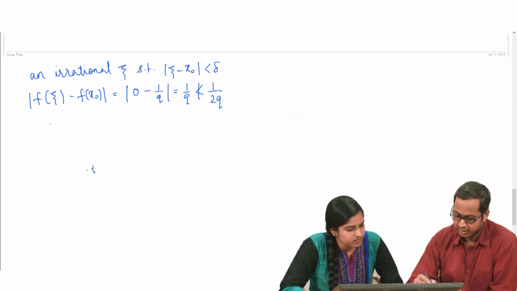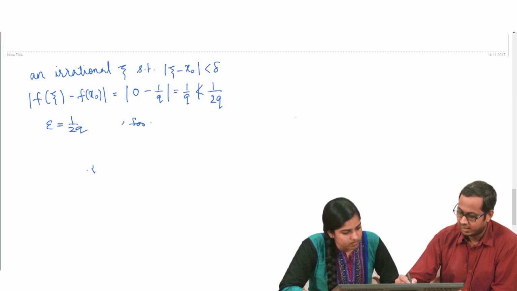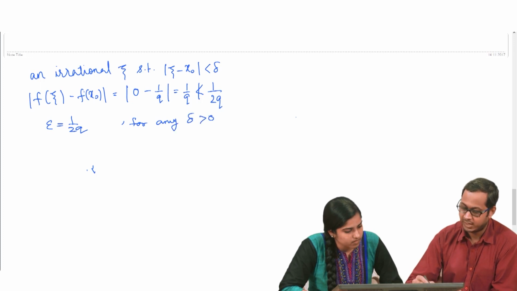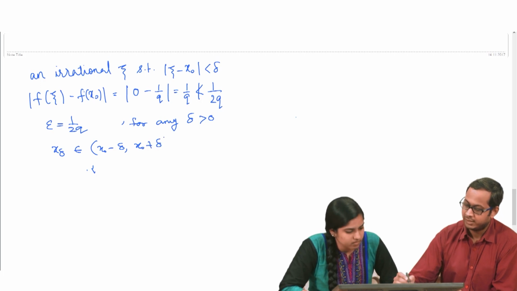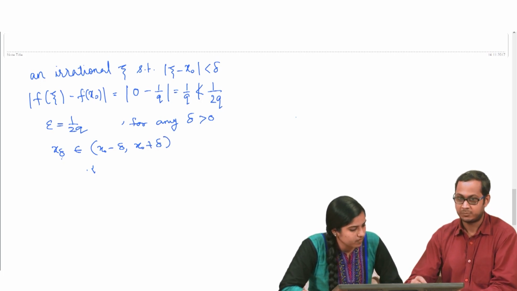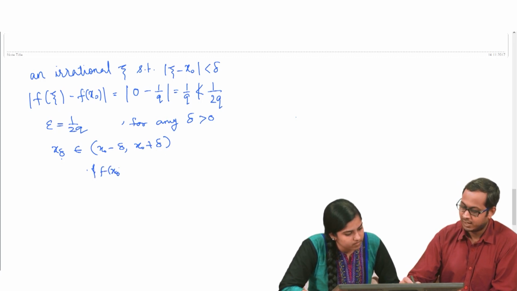So for epsilon equal to 1 by 2q, whatever delta I choose, I always have some point x delta in this neighborhood, say x naught minus delta to x naught plus delta, such that mod f of x delta minus f of x naught is bigger than epsilon.